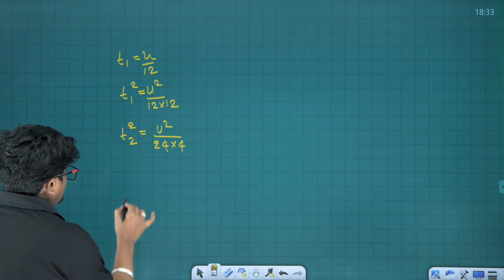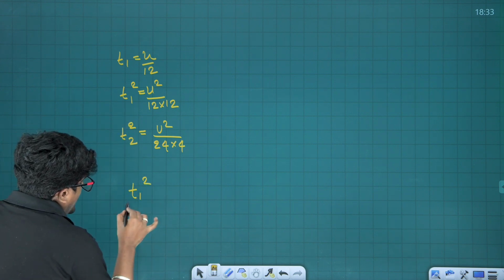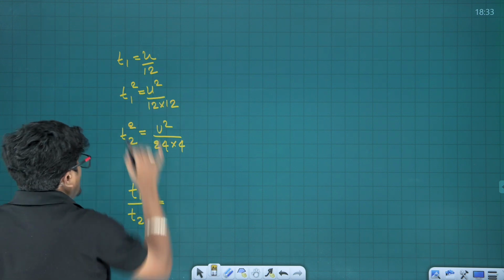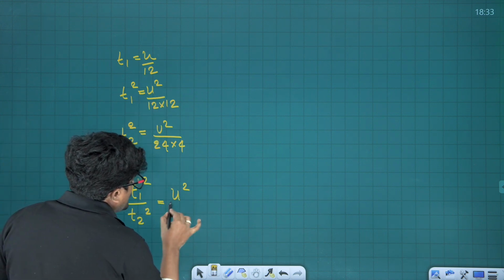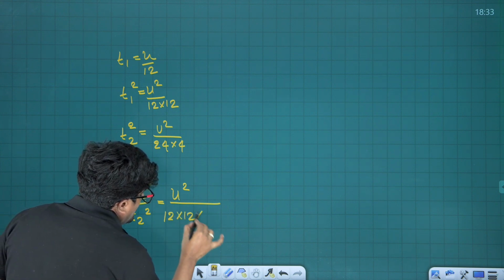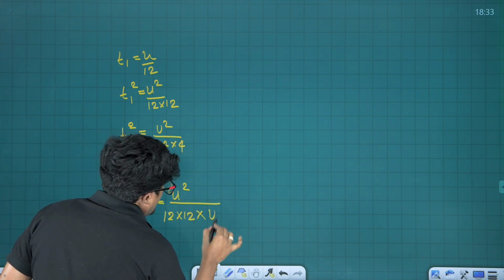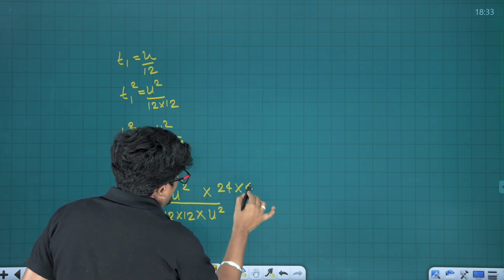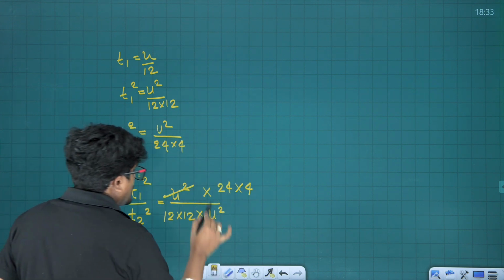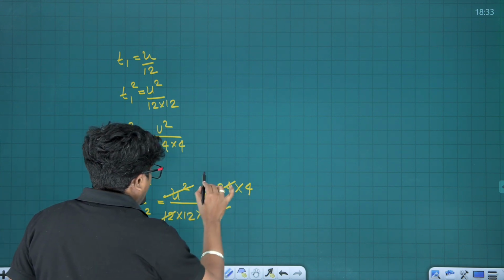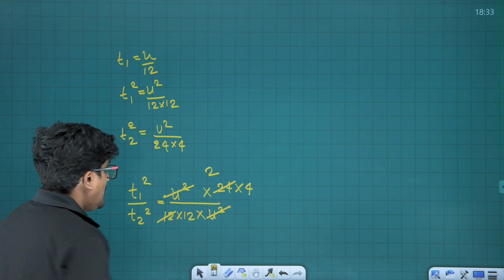Now let me take the ratio. t1 square divided by t2 square is equal to u square divided by 12 into 12, into u square into 24 into 4. U square and u square will cancel. 24 and 12 will cancel, it will leave 2 here.